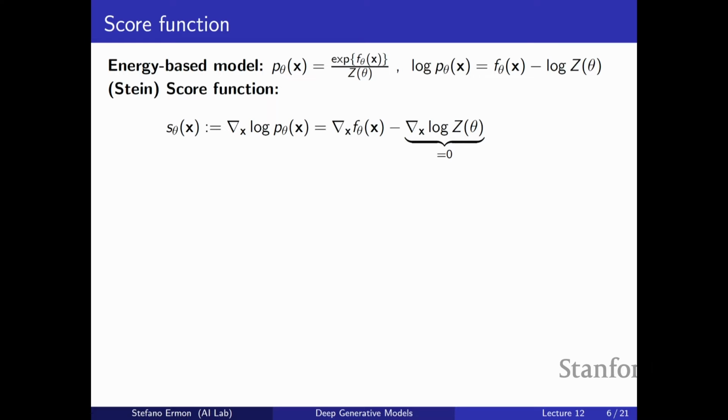It depends on theta, but not on x. So when you take the gradient with respect to x, the log partition function doesn't change, and the gradient is 0. That's why we were able to use the score function in the previous sampling procedure. It's easy to compute if you have access to the energy function f theta.